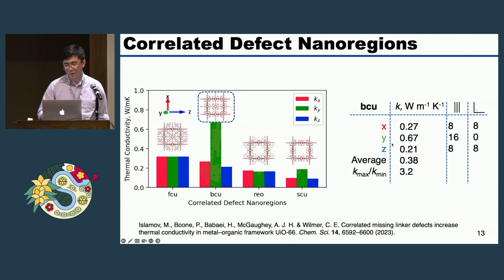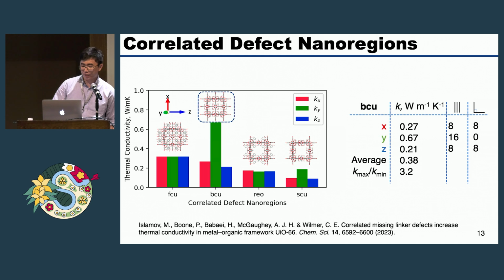So it's interesting how defects can improve thermal conductivity. We have our own hypothesis. It seems that these 8 removed linkers were perpendicular to the Y direction, so they acted as phonon scattering sources, and removing them improved the thermal conductivity in the Y direction.